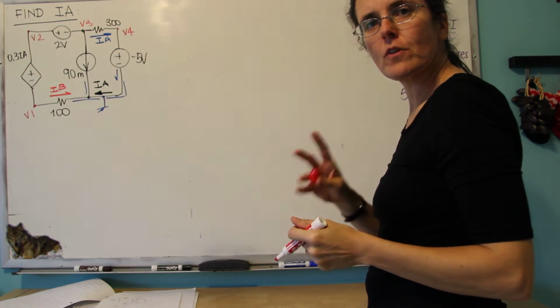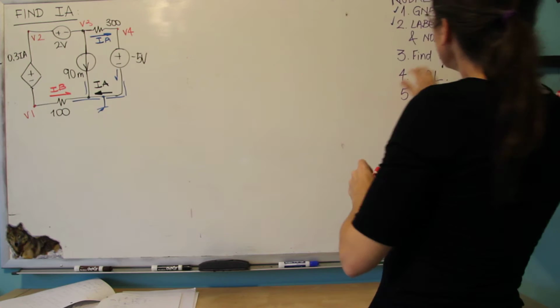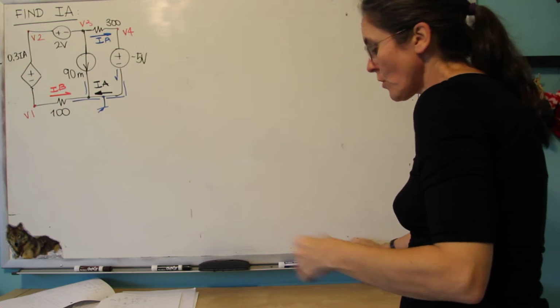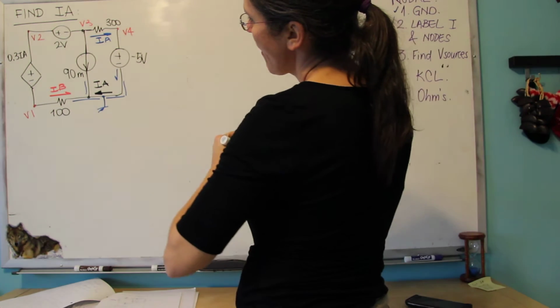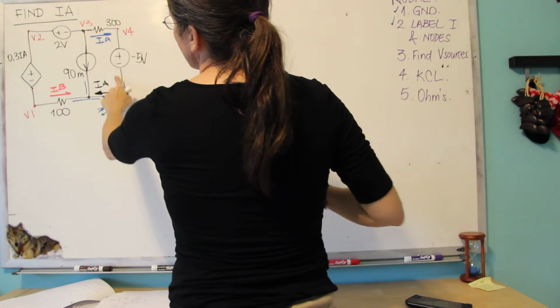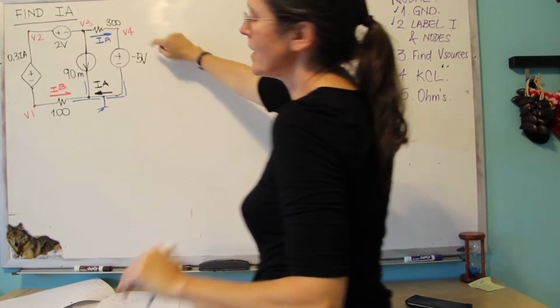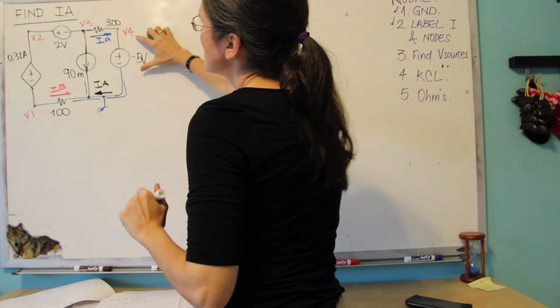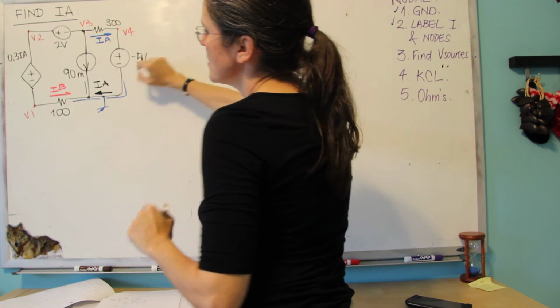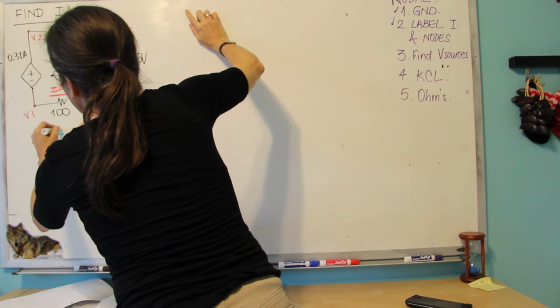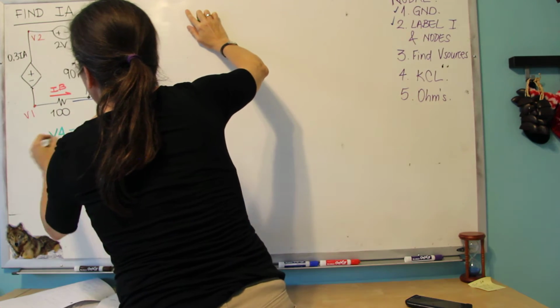So I have 4 nodes other than ground. And then I'm going to find all voltage sources, hoping to simplify the circuit. And the first thing we see here is this minus 5 volts, so I know what V4 is. Basically V4 minus 0 equals minus 5 volts, so V4 is minus 5.